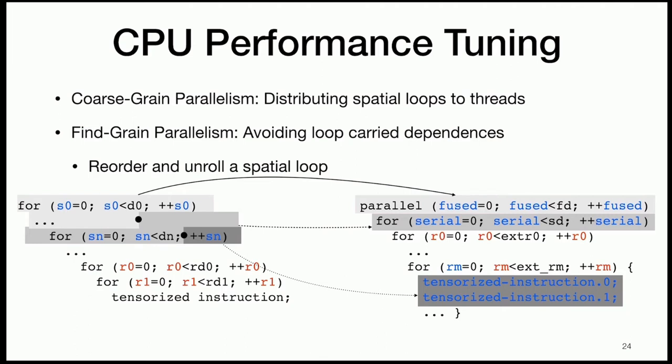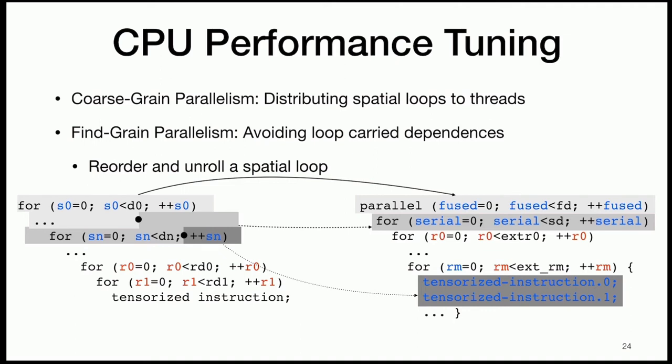For CPU, achieving coarse-grained parallelism is to distribute data parallel loops on multi-threading, and achieving fine-grained parallelism is to reorder and unroll a small degree of data parallel loop under the innermost reduction loop. The key to this tuning strategy is to have a proper pair of degrees of multi-threading and unrolling. Here we enumerate two breaking points on the data parallel loop nest.